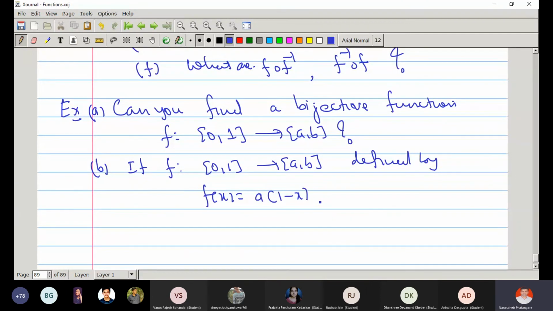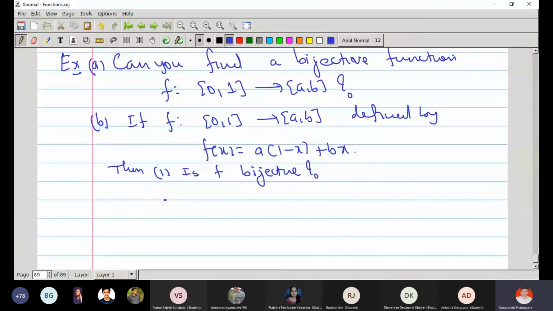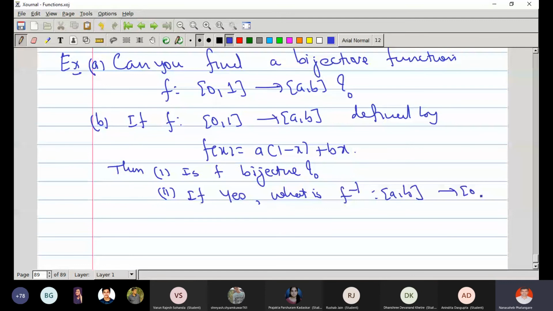Then is f bijective? First thing, if yes, what is f inverse from (a, b) to (0, 1)?